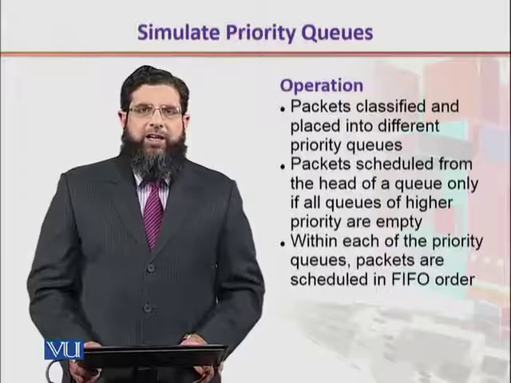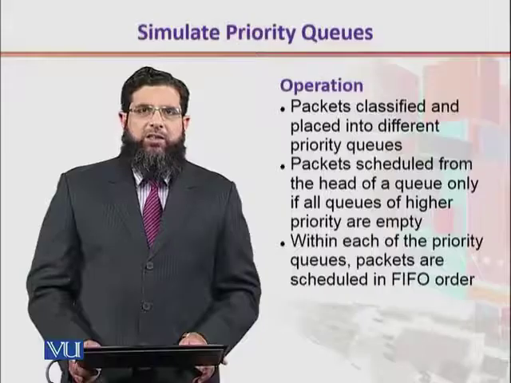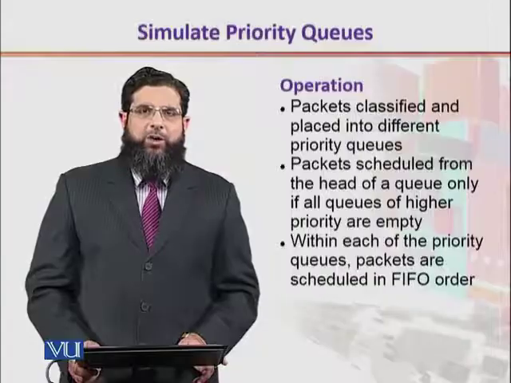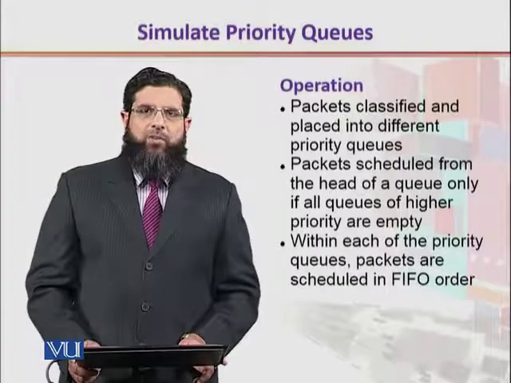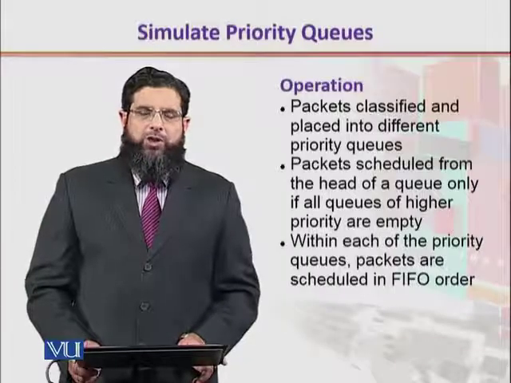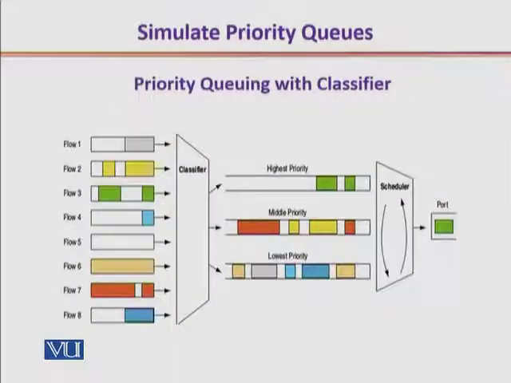Now, if you are planning to implement priority queuing using CQ, you have to understand exactly how you can implement priority queuing, let's say for 2 queues, 3 queues, or more. This figure gives you the summary: various flows are entering a queue, but instead of a single queue, we have 3 queues.